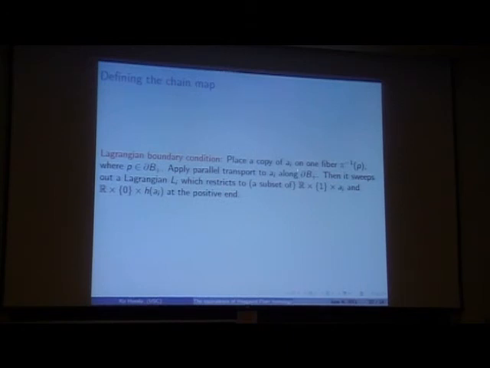Place a copy of A_i on one fiber that's sitting above the boundary of B plus. Apply parallel transport to A_i, which is standard symplectic machinery.